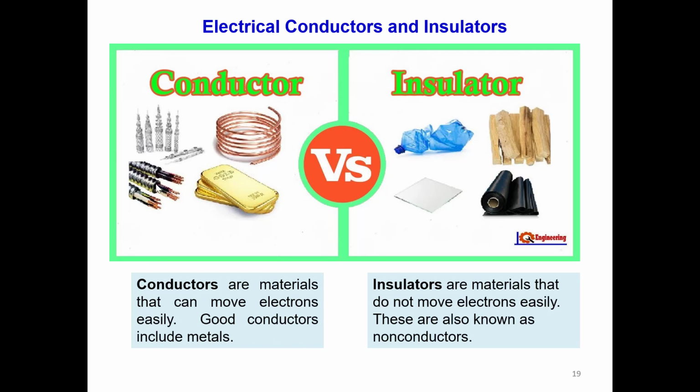This is a good example of conductors, and they can move electrons easily. But materials that don't move electrons easily are known as insulators. They are not good conductors. They are also known as non-conductors.